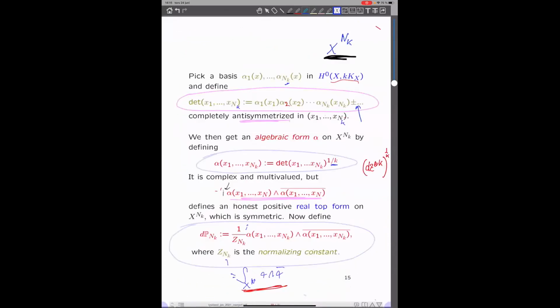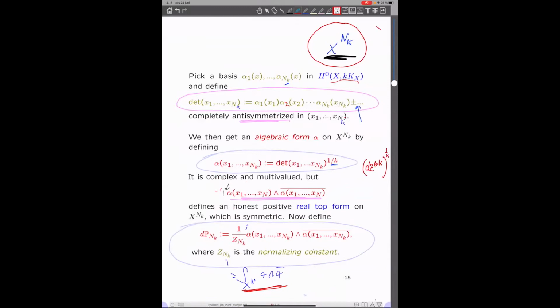Okay, so what I want to do is to define a probability measure on this space here, the n-fold product, where n will always be nk. The strategy is extremely simple. To build a probability measure on the n-fold product, I take a basis in my vector space of pluricanonical forms at level k.